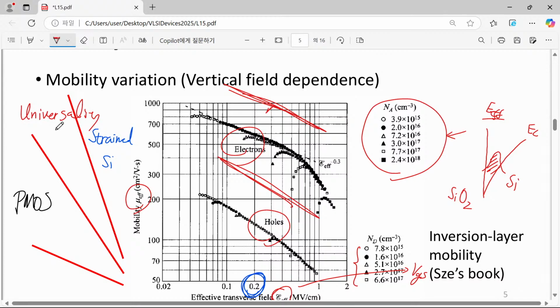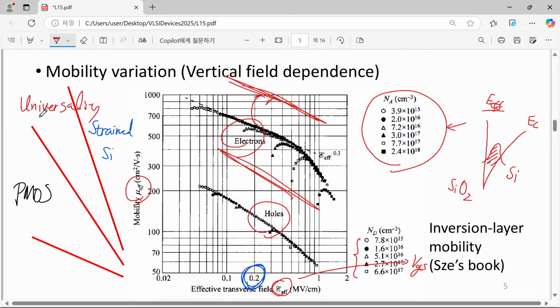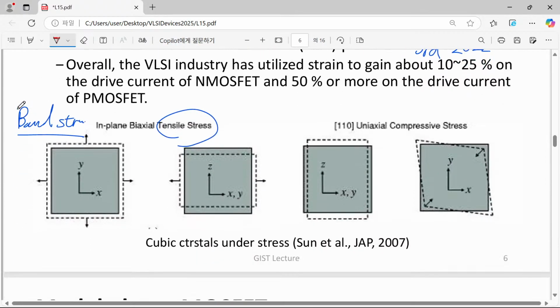to increase their mobilities. In order to increase electron mobility, we have to make certain changes like this, as shown in the next slide. For example, let's say that this is X and Y, and please regard it as our top view.